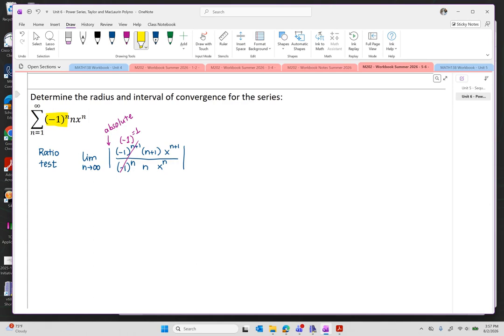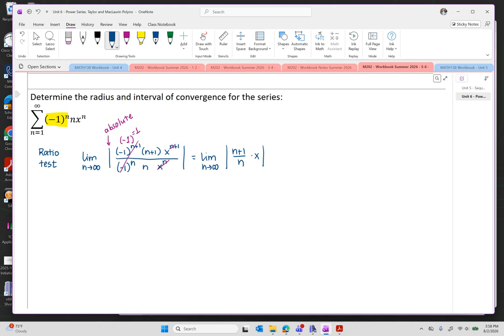So in the future examples, I will not use the -1 at all. From the x's, I can simplify all the x's in the denominator except for one x in the numerator, and the ratio test gives me the limit of the two consecutive terms as n approaches infinity to be the absolute value of n plus 1 over n times x.